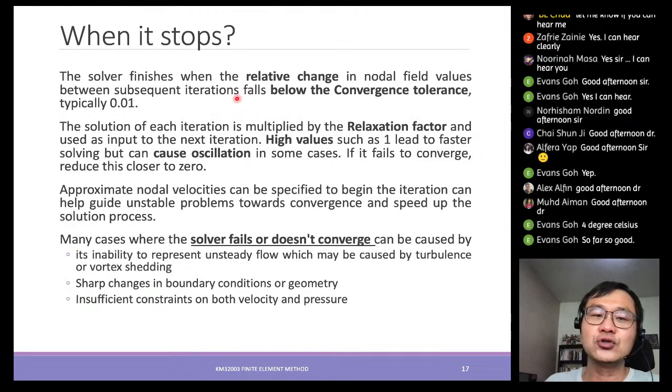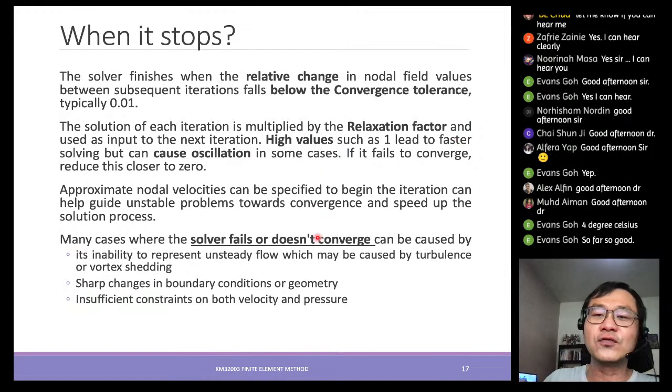If you want to use a very high value, we call it relaxation factors. Every time after you get the value, you multiply by a certain factor, then it will change faster. But if it is changing fast, it will sometimes cause oscillation.